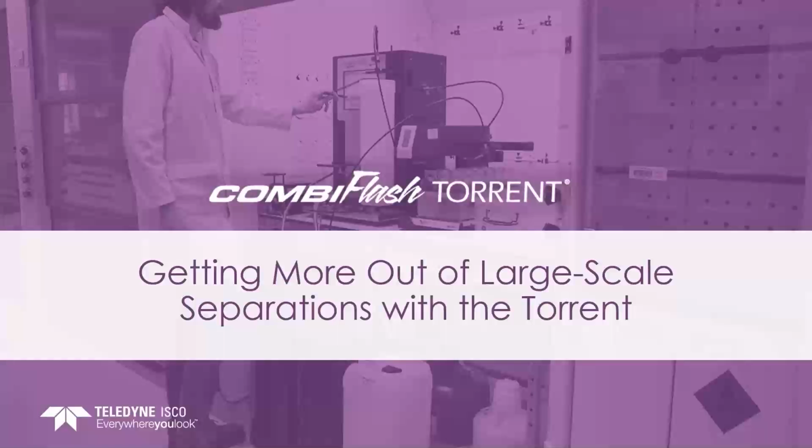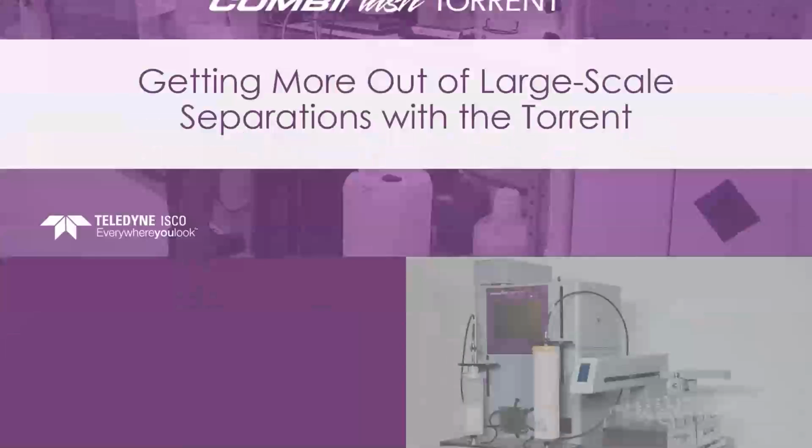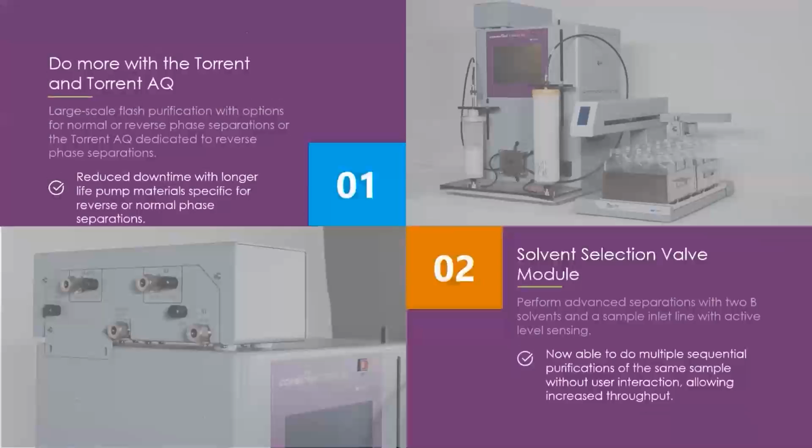So how can we get more out of our large separations with the Torrent? The Torrent is offered in 2 different options: the Torrent, and the Torrent AQ. The Torrent is designed for normal phase separations, and you can also do reverse phase separations on it. The Torrent AQ is dedicated specifically to reverse phase separations.